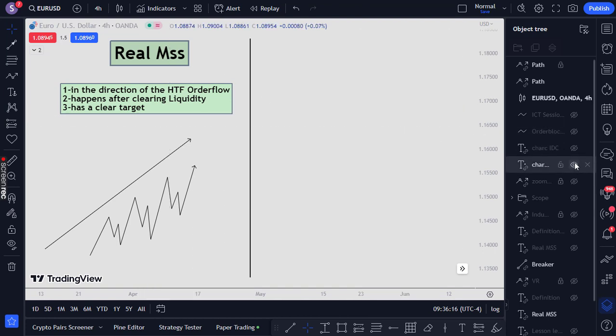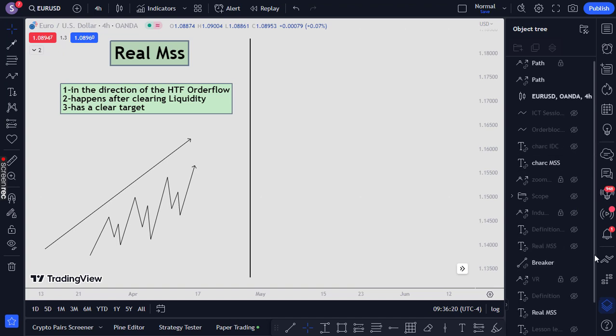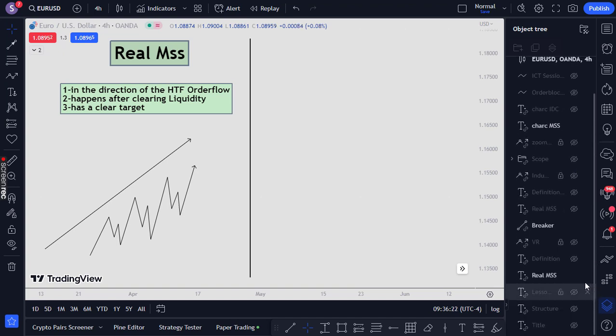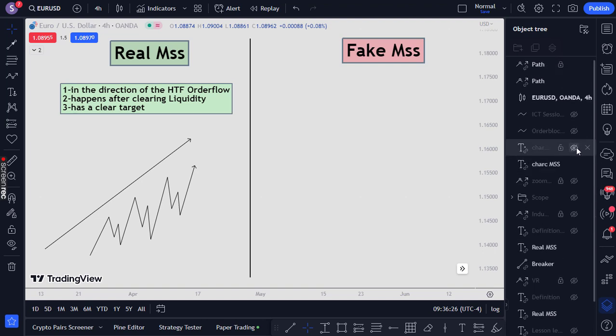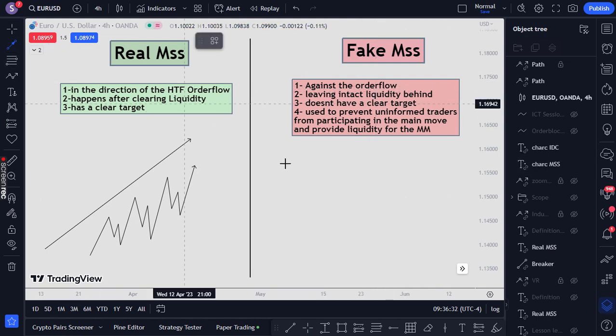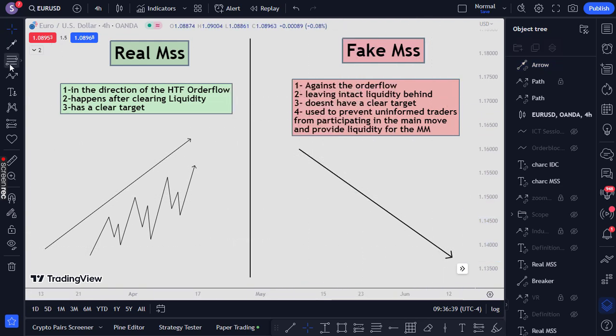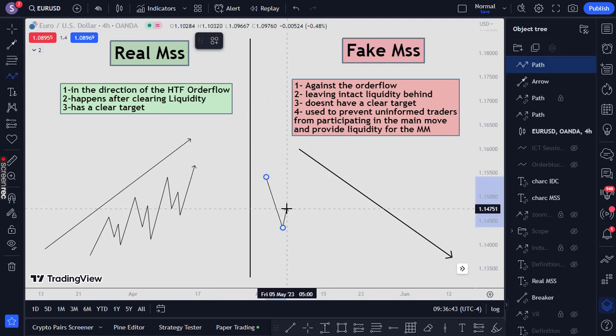Now let's talk about the fake market structure shift. So it is against the order flow. That's the first characteristic. For example, let's say the market is on a sell program, it will go like this, and then a displacement.